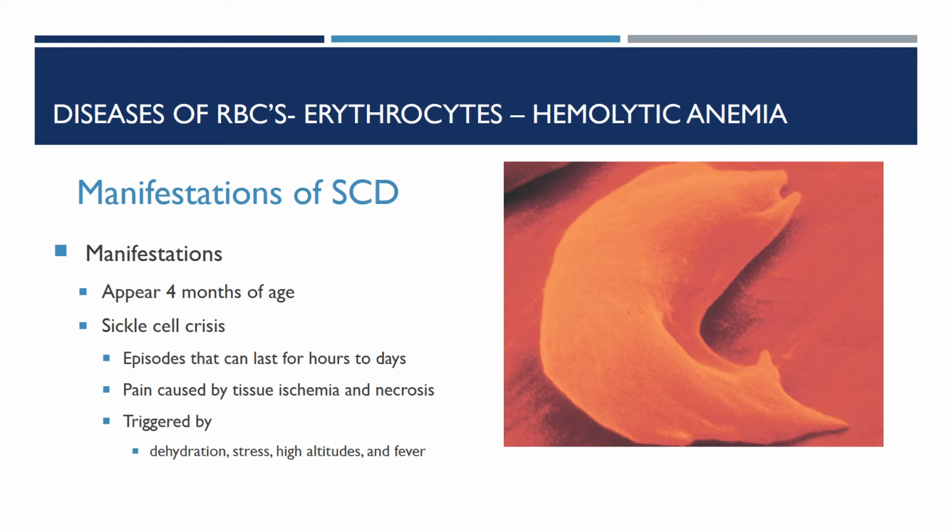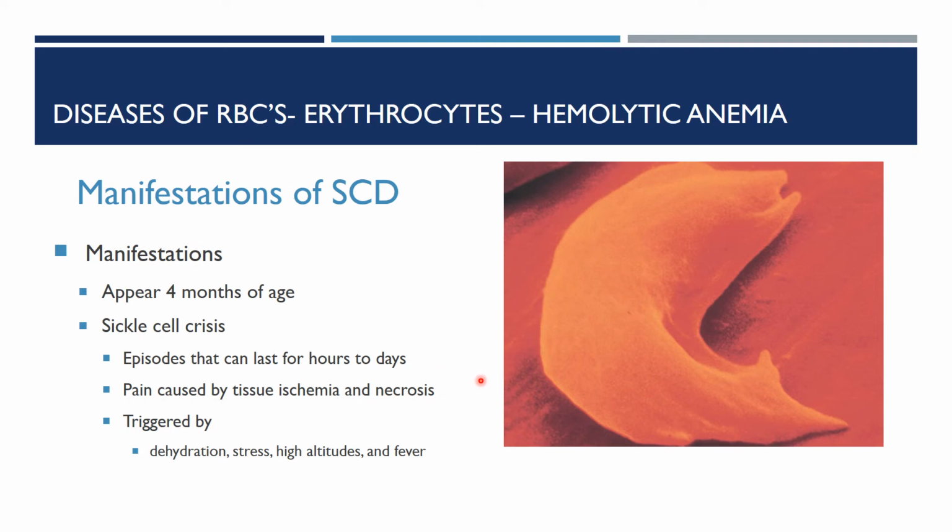Manifestations of sickle cell disease are going to appear in the first 4 months of life. You can see sickle cell events, so this is an event, and you're not always suffering from sickle cell disease. You can see episodes present, and these episodes can last for hours to days.